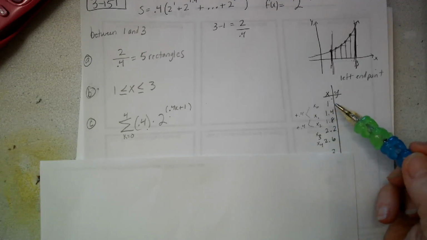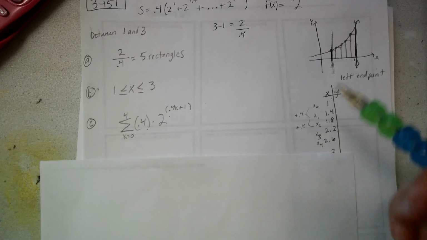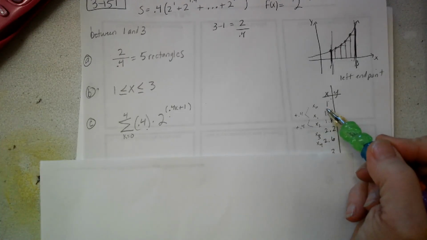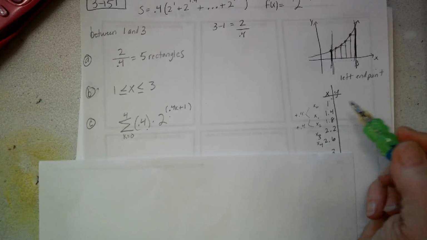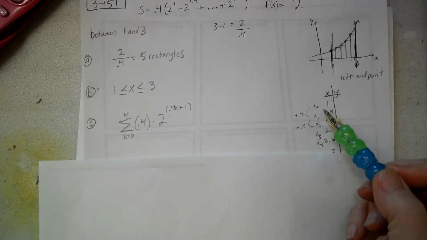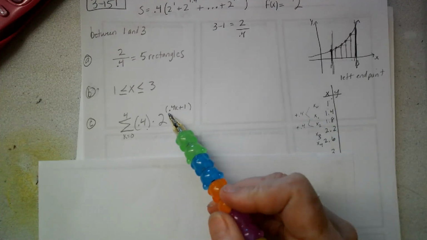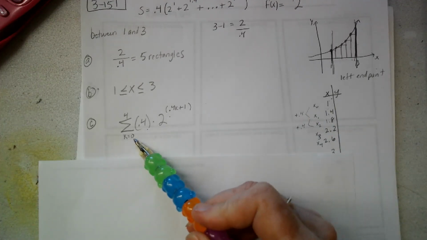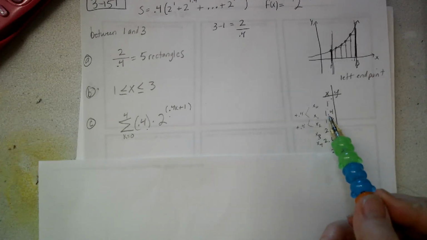But in this case, since we're starting by plugging in zeros, we can just use 1 for our first. Well, you can just check it, right? When I plug in 0, I want to get 1. And when I plug in 1, I want to get 1.4. So let's just test it.